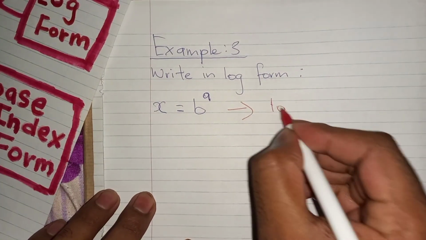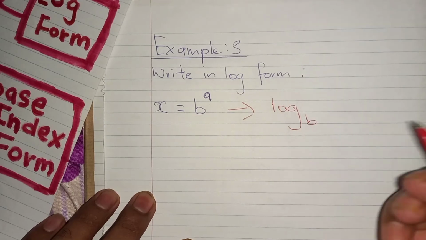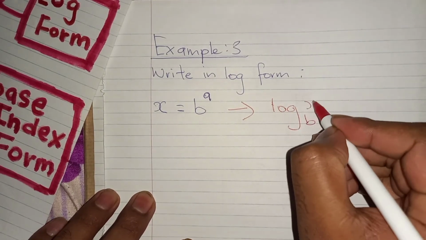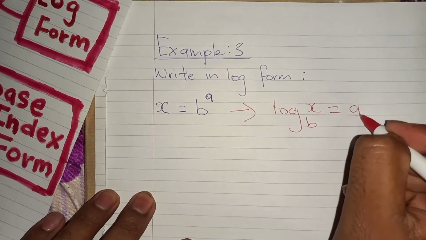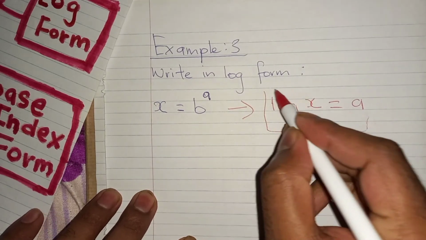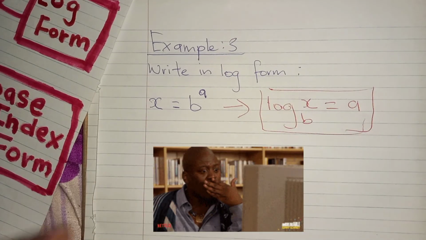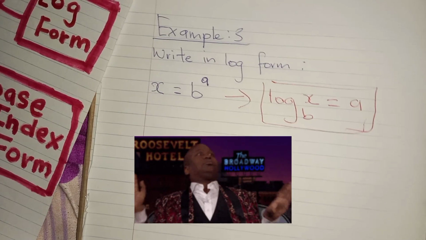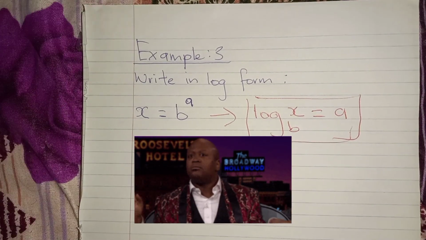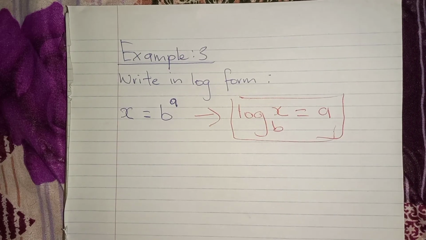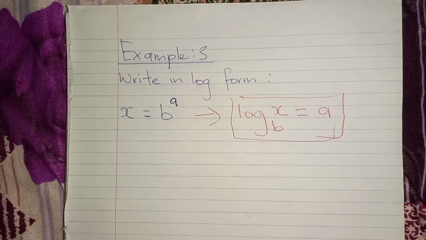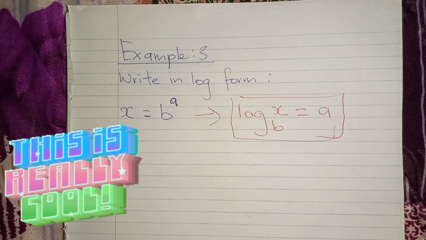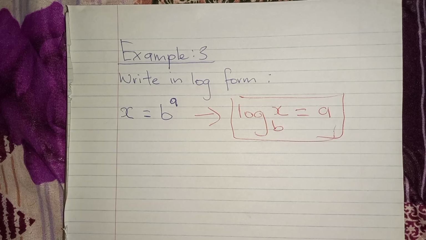So log base b of x is equal to a. So this is how we write in base index form and logarithmic form.